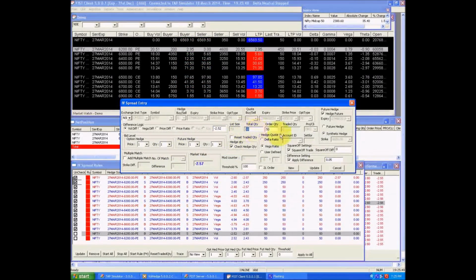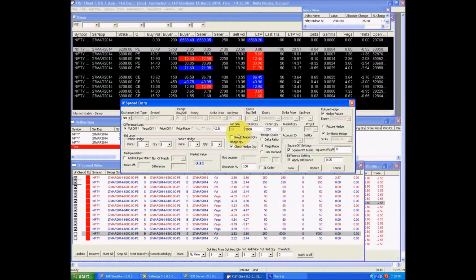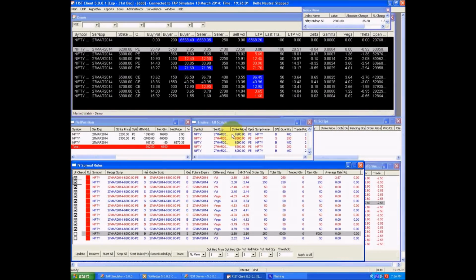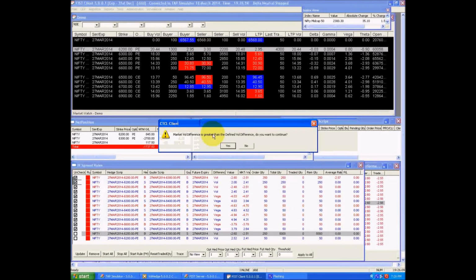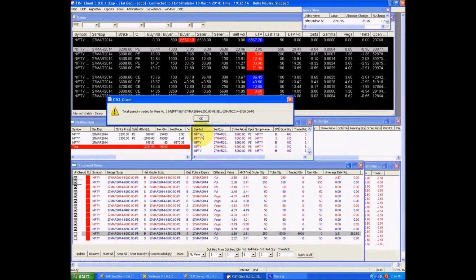To show you what will be appearing in the 62-63 spread while hedging with synthetic options, I'm pressing the F4 key to start my rule.